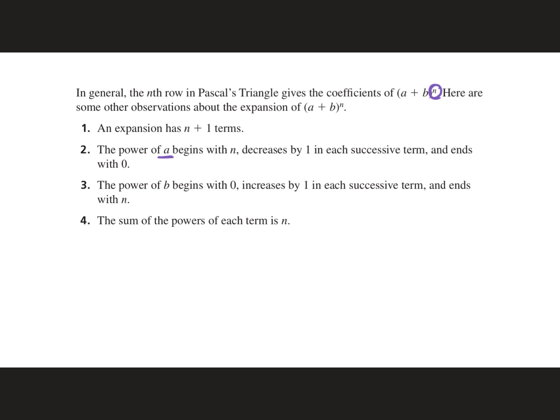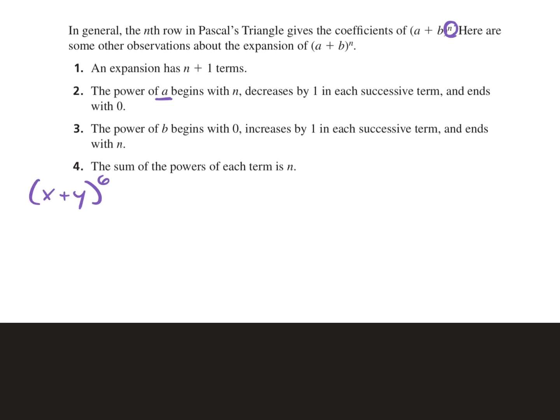The power of B starts with 0 and increases by 1 each term. So if I had, let's say, x plus y to the 6th power, the coefficients are going to be from the 6th row of my Pascal's triangle.